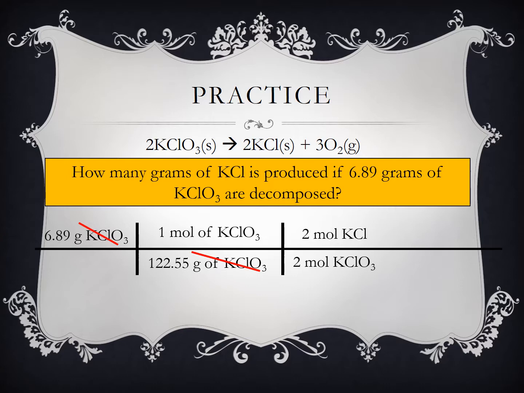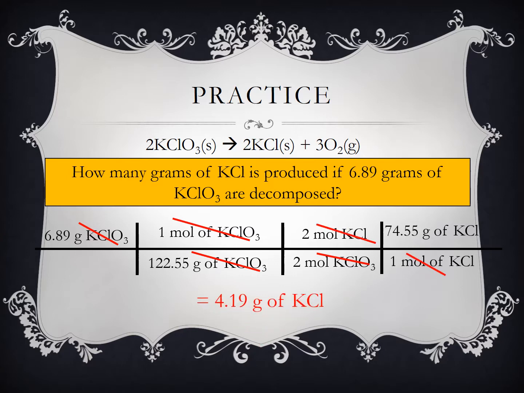So far we used the molar mass and the balanced equation. Moles go zap zap. And then we have to get to grams, so you use the molar mass of KCl. Moles cancel. Do your math. You should get 4.19 grams of KCl.